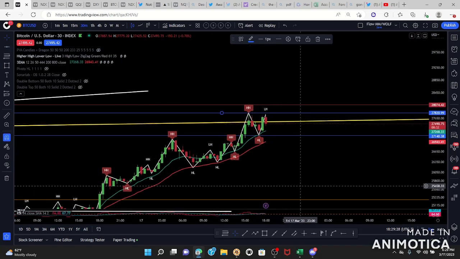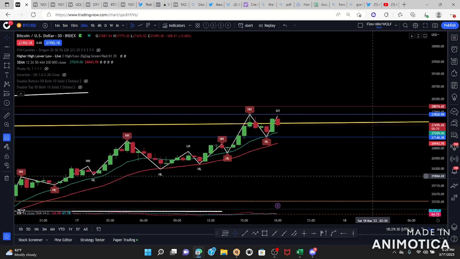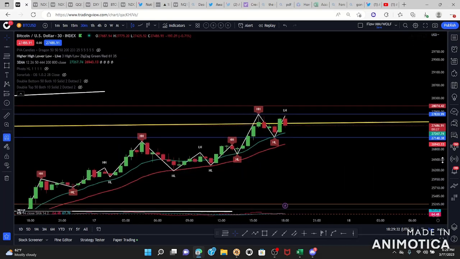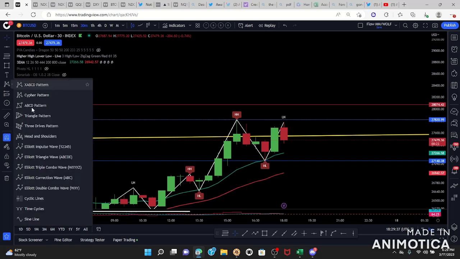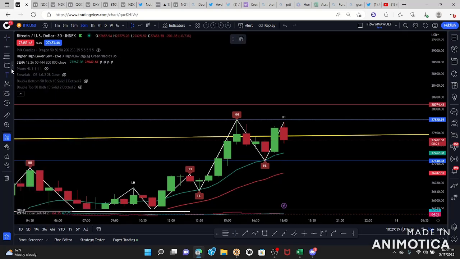So we break this higher high, we're gonna go up to 32. No questions about it. I think so.